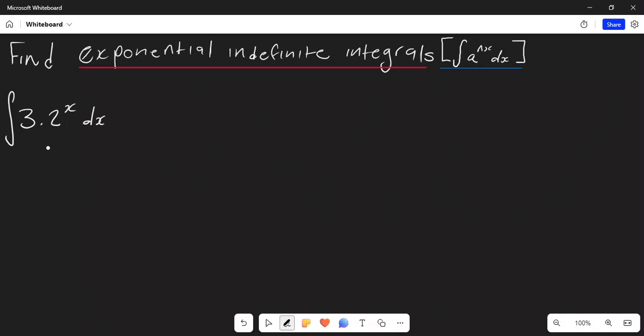Alright guys, so let's do this one here. As you can see, they want us to find the integral of this problem. Now this one here, we do have a function, and we do have a coefficient of the function, which is 3.